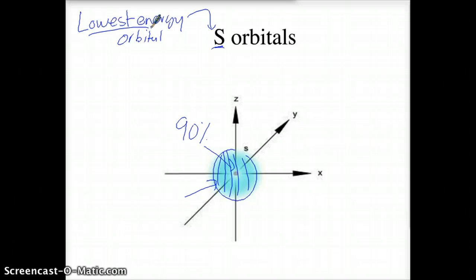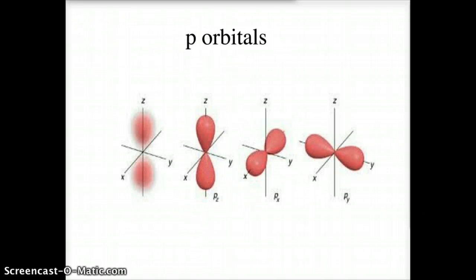What is next? If you go to the next higher energy orbital, those are called p orbitals. So these are the next most energy after s orbitals. And again, the p doesn't stand for anything in particular, but if we took electrons and plotted where we would find the highest probability of finding those electrons, we would get some things that look like this.